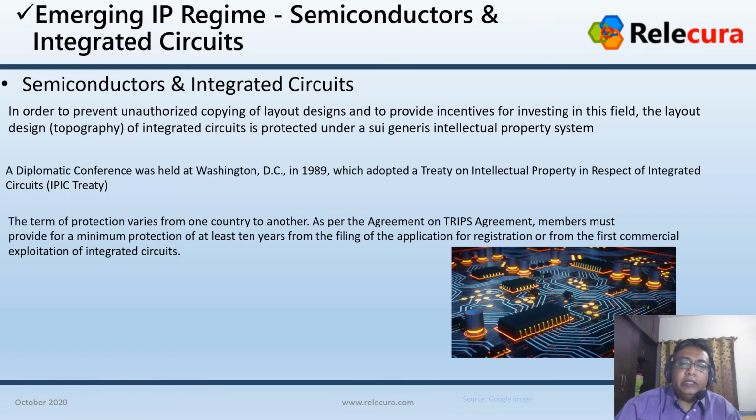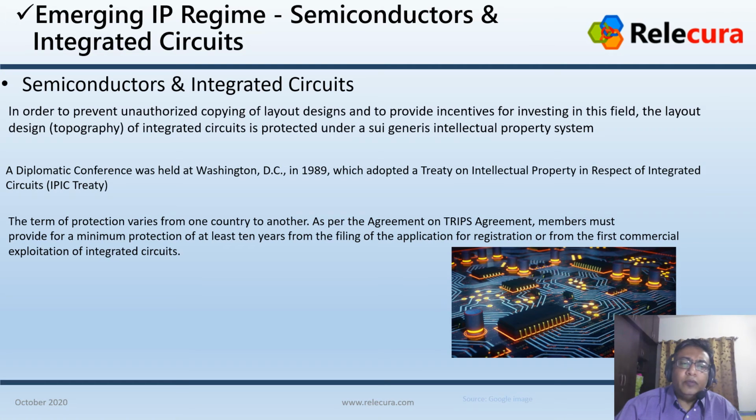Nowadays, so many semiconductors and integrated circuits are there, and different applications are used, so that the product will be faster and have fewer thermal issues. In order to protect that, these new or emerging IP regimes are there, to prevent unauthorized copying of layout designs and to provide incentive for investing in the field.